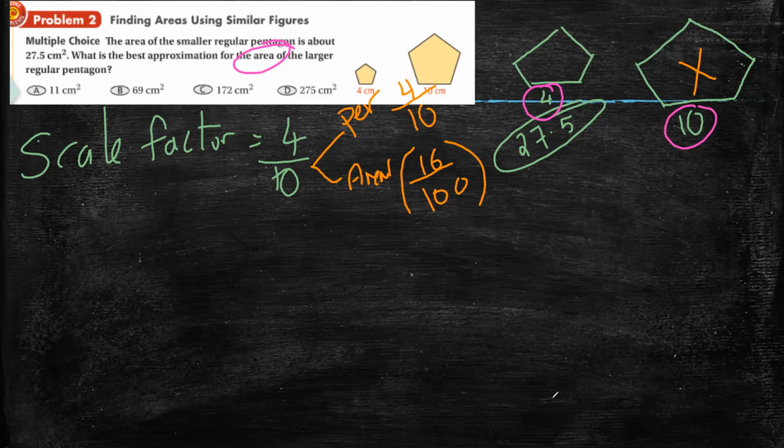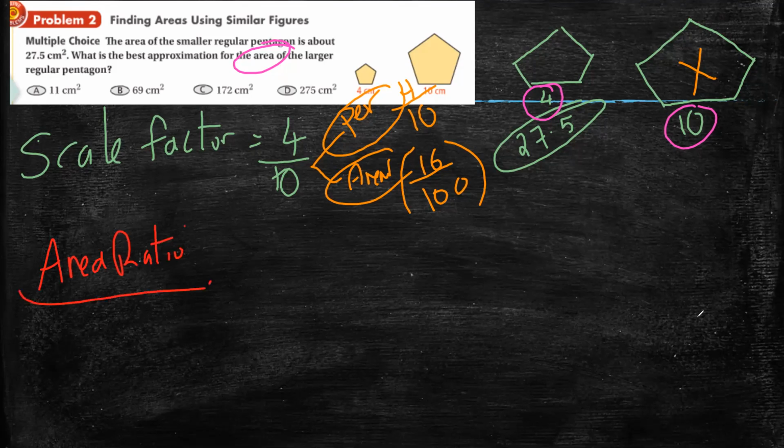Then he asked me now to find the unknown area. So which scale factor or which ratio should I use? Should I use the perimeter ratio or the area ratio? The area ratio. So I will use now the area ratio. For the area ratio here, which is 16 over 100, what does it mean?